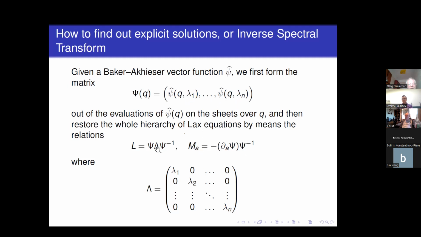So we have the spectrum, organize it into the diagonal matrix and conjugate by the matrix constructed using the Baker-Akhiezer function, and find L and M_A for every A in terms of the Baker-Akhiezer function.